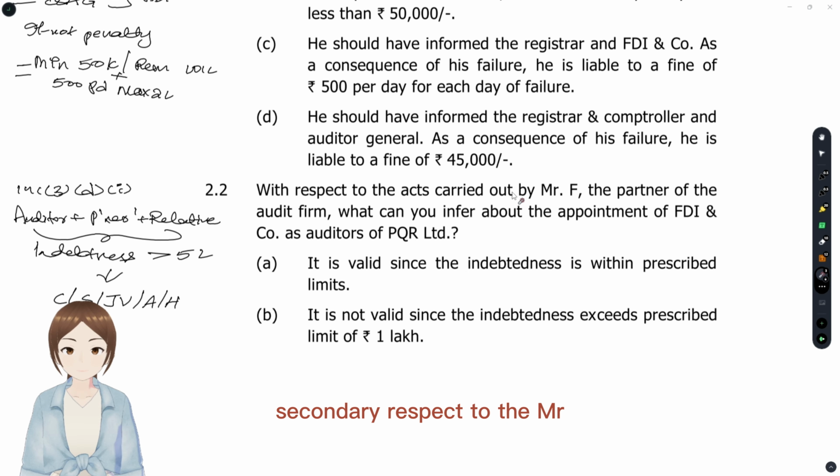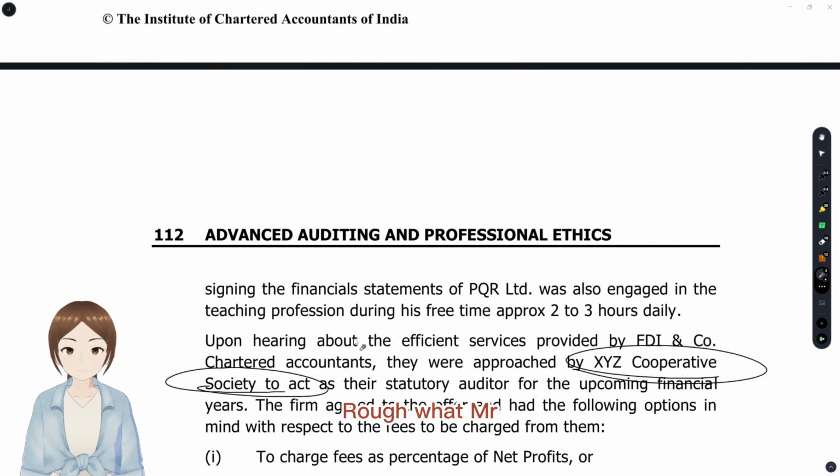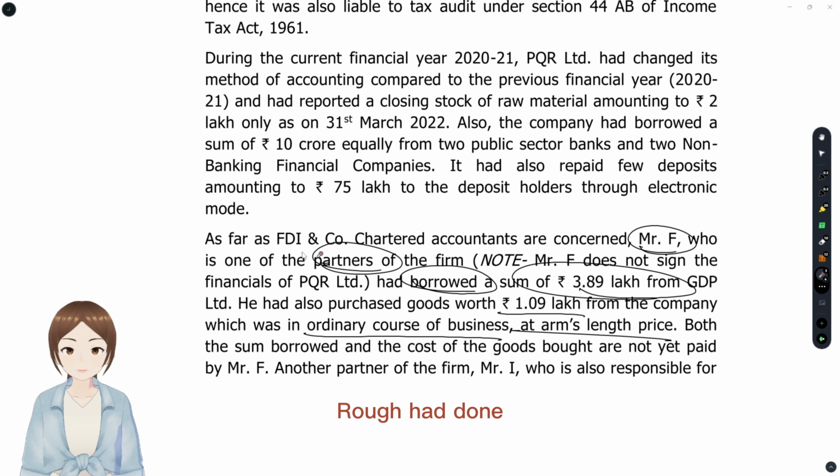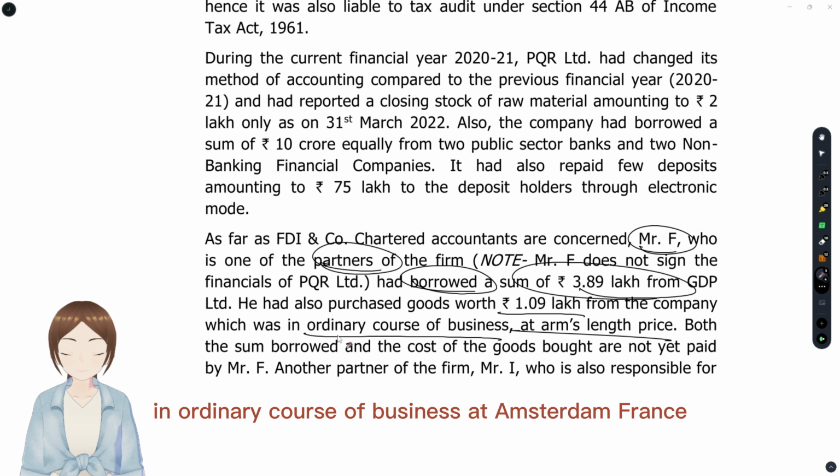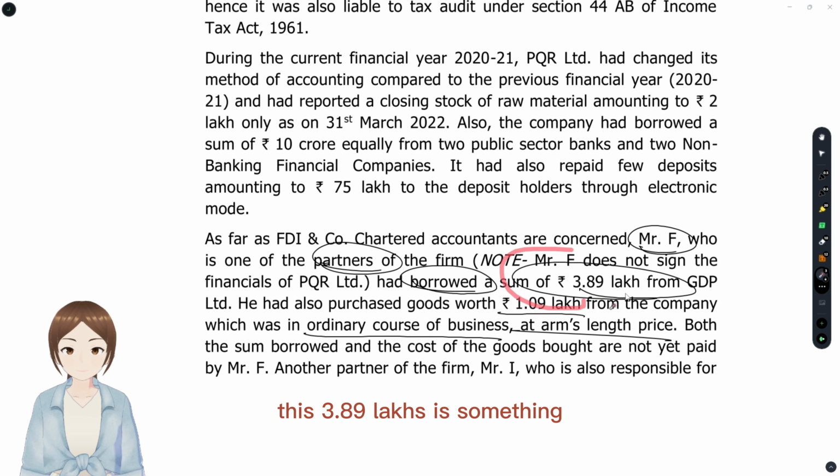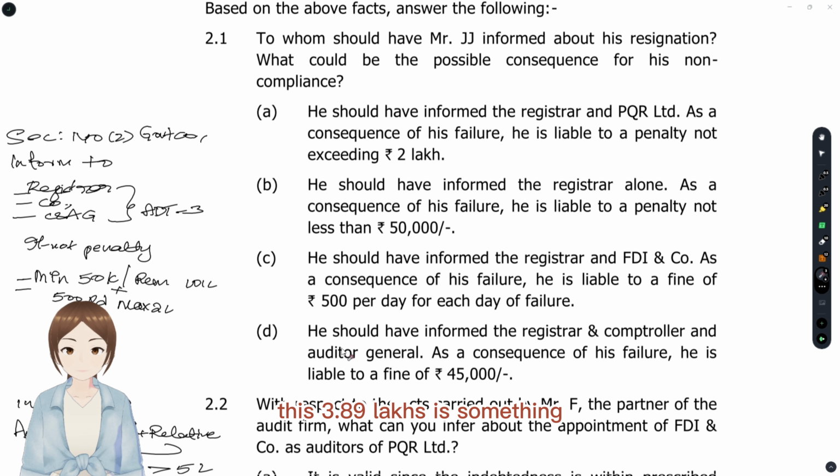Second thing, with respect to Mr. F, what had Mr. F done? Mr. F had borrowed a sum of 3.89 lakhs and purchased goods worth 1.09 lakhs in the ordinary course of business at arm's length price. You need not consider this. This 3.89 lakhs is something to think about.